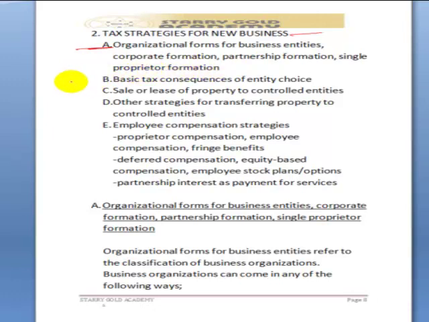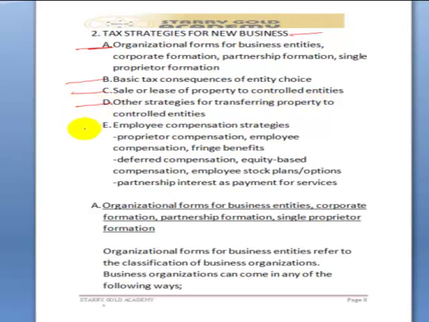The second one talks about basic tax consequences of entity choice. The third one talks about sale or lease of property to controlled entities. The fourth subtopic says other strategies for transferring property to controlled entities.